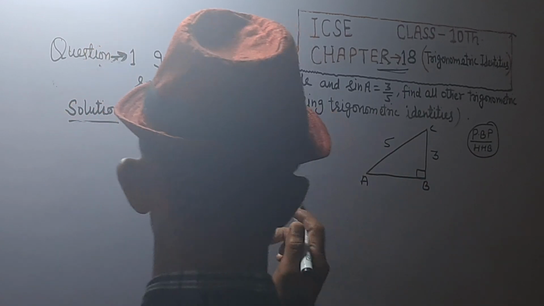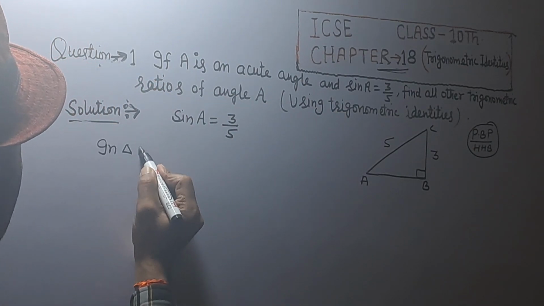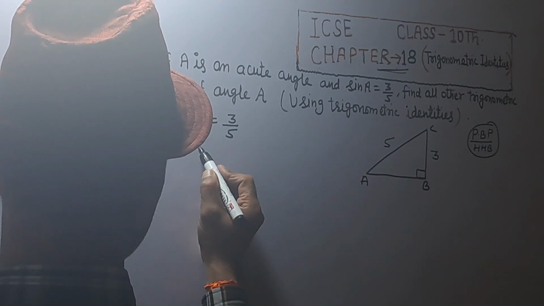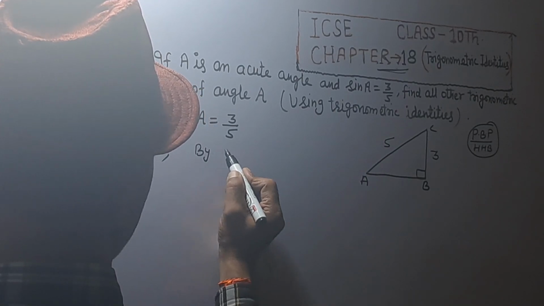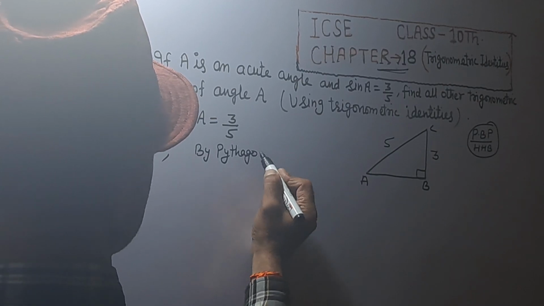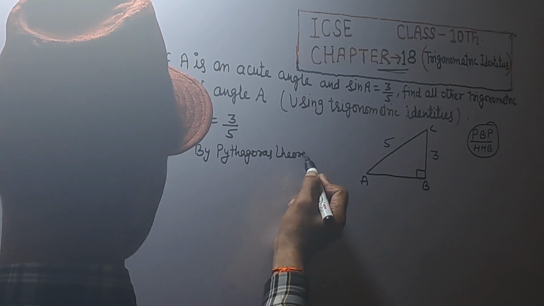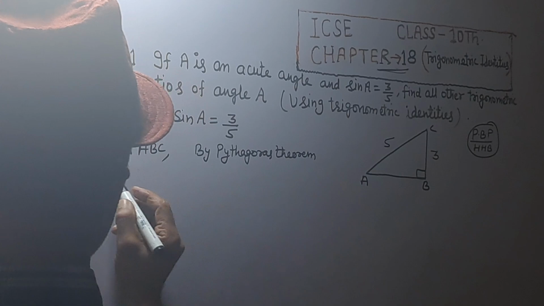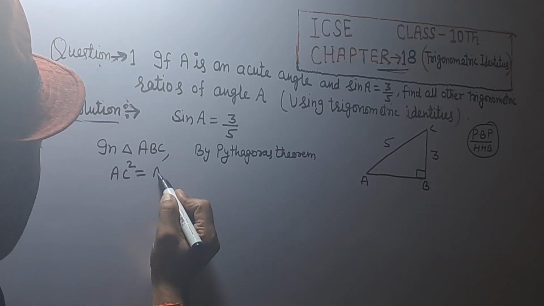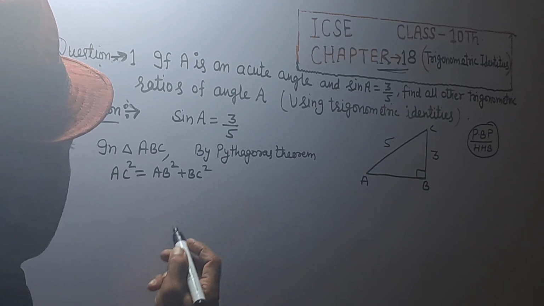in triangle ABC by Pythagoras theorem. AC square is equal to AB square plus BC square.